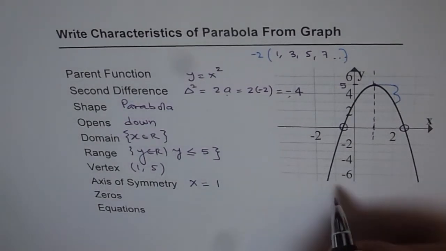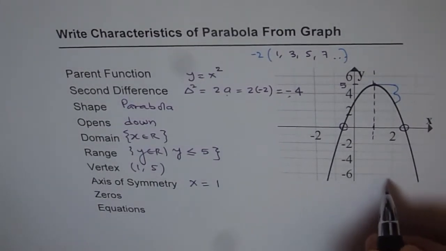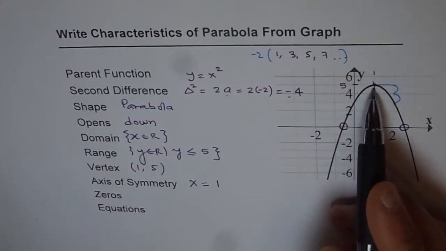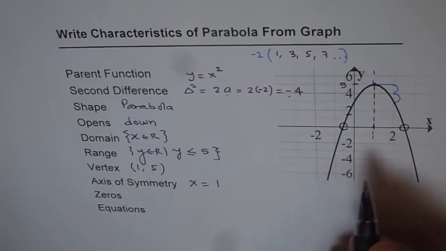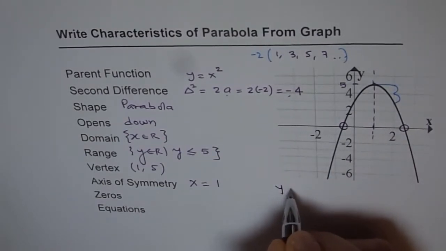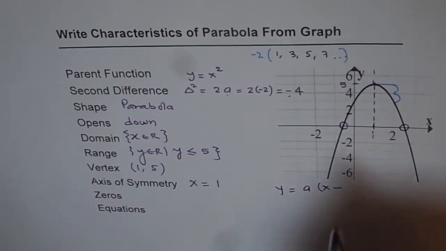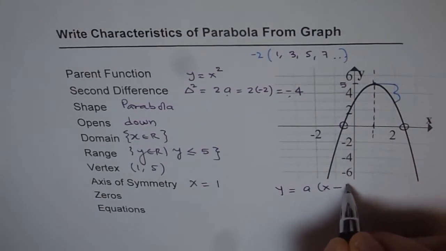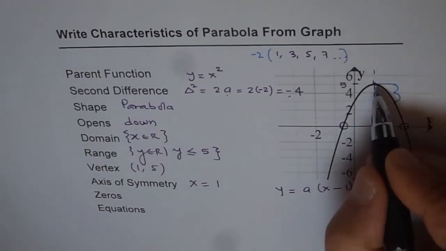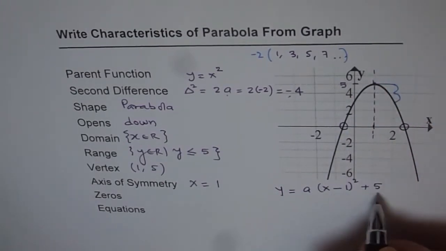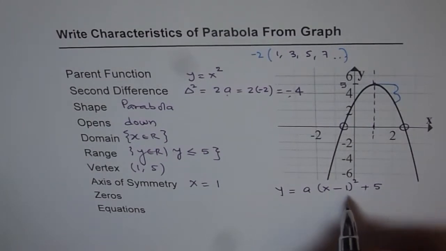Equation. We can write this equation in many different forms. The best is the vertex form, since the vertex is very clearly defined but zeros are not, right? So let's write down the equation in vertex form. So y equals a times (x minus 1) whole squared plus 5, where we really don't know what a is. That is from the translation, right? Now we have to select one point on the graph to get accurate results.